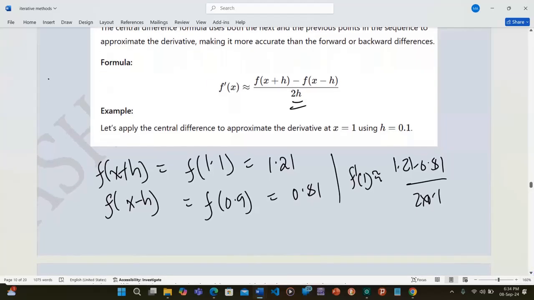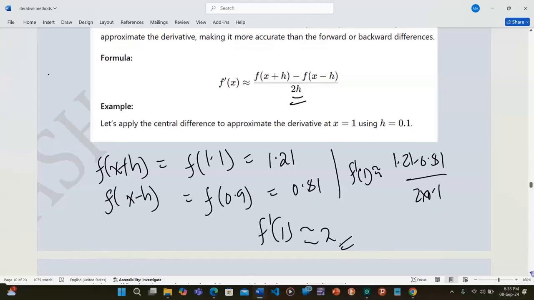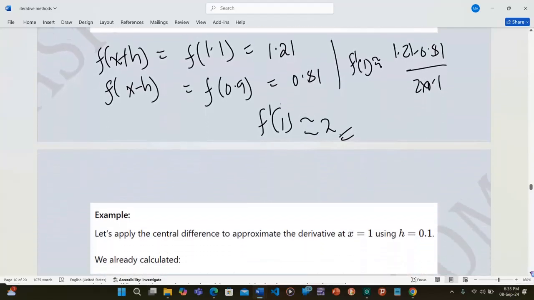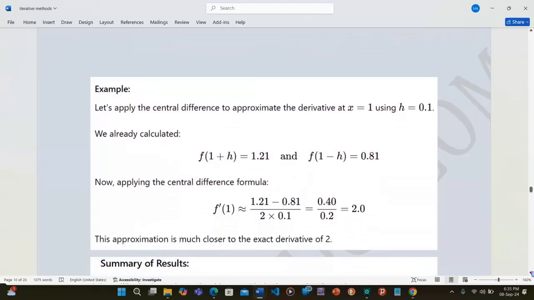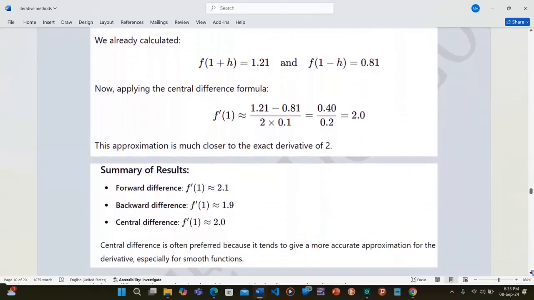So the approximation gives you 2. You can see that the central difference method is more accurate than the rest because it gives you the exact value, or the value which is equivalent to the exact derivative.